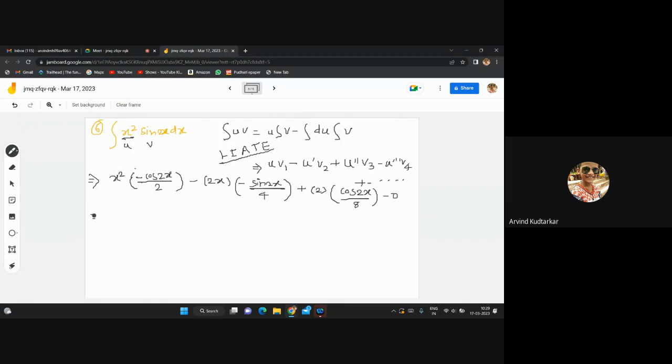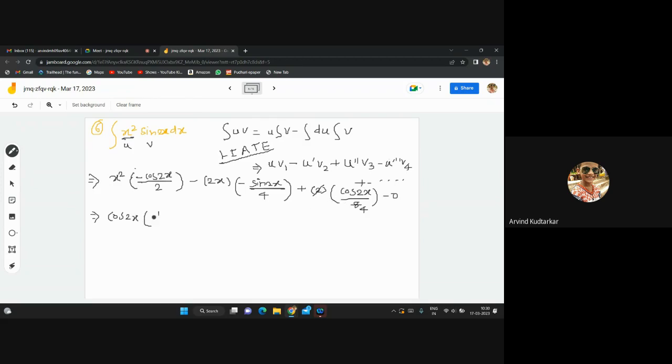So when you simplify, what will be there? Minus x square by 2 and 2 by 8, that is 2, 2 4s are 8. So cos of 2x is common to both, take it outside. There remains 1 by 4.